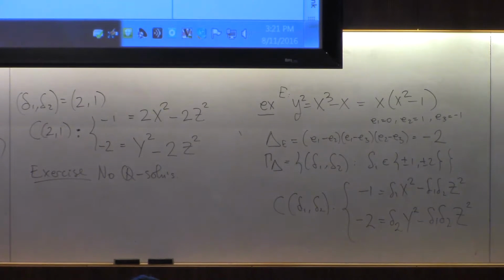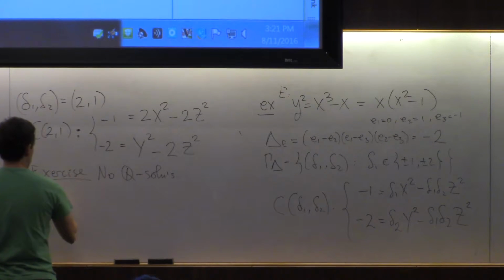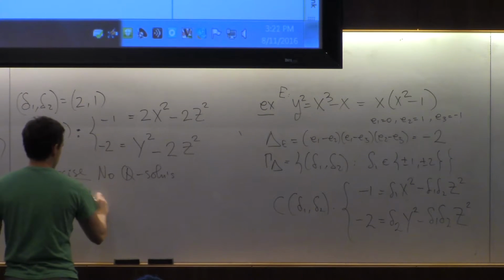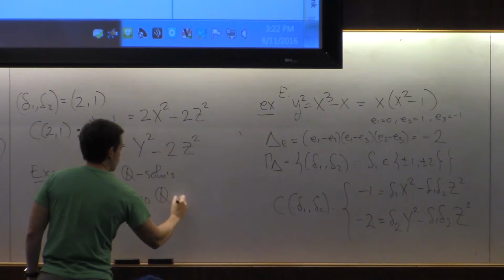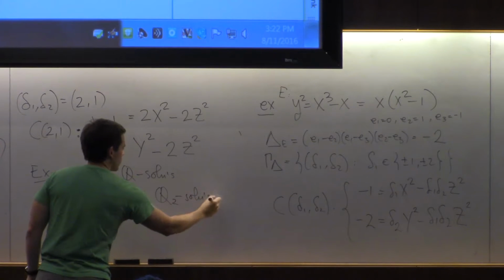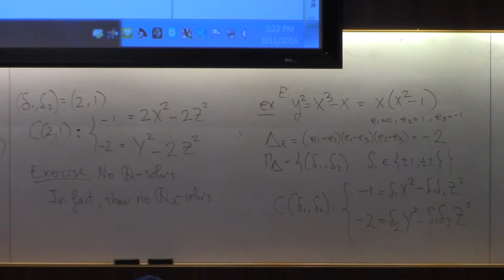The argument is about evenness. So what that means is that what is actually failing here is Q2, the 2-adics. You can actually show that there are no Q2 solutions.